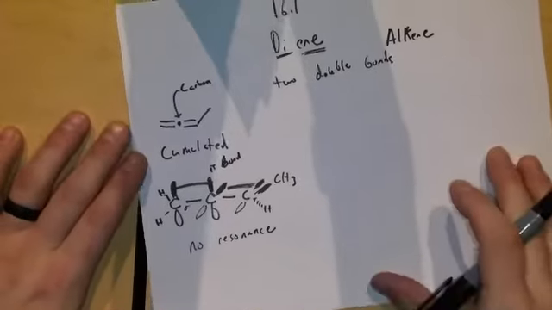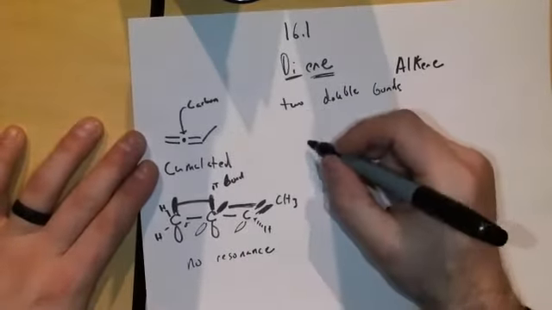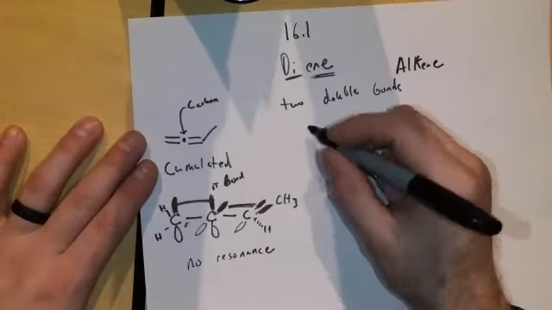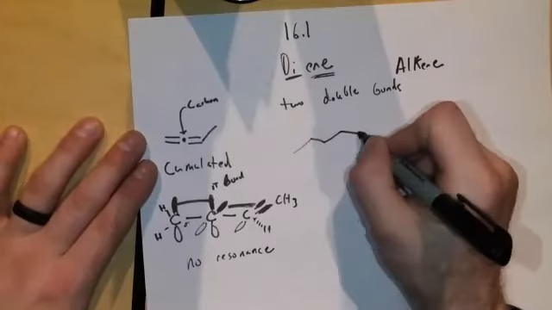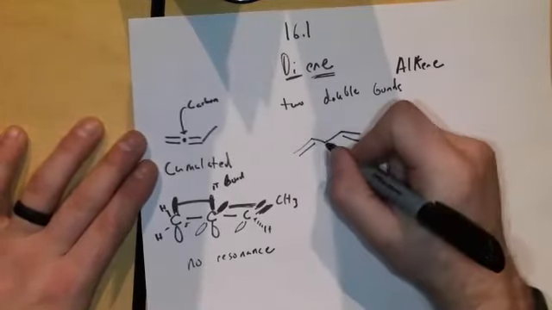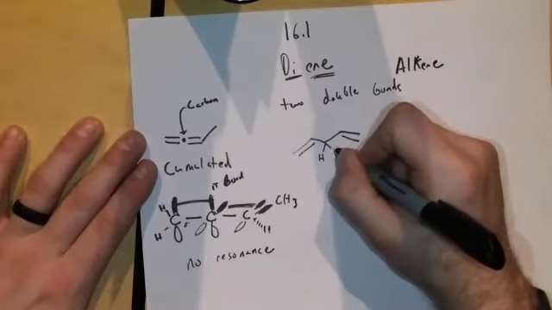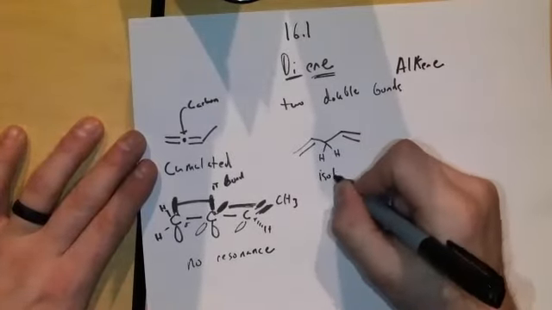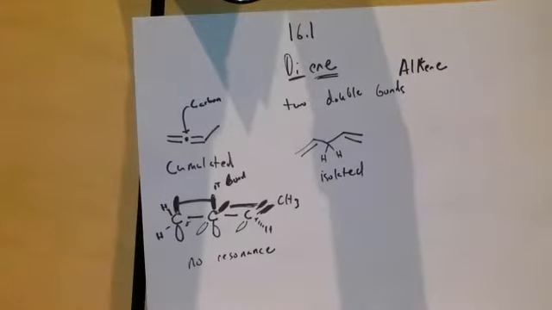Which brings us to our next one. I'm going to do these out of order from what the book says. So the other type that they show is isolated. And this is where you have an sp3 center in between.